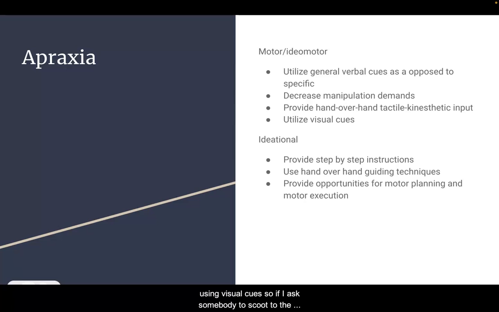So if I ask somebody to scoot to the edge of the bed, I might use that concise verbal cue, scoot, as well as bring my hands forward to help layer on the cues for understanding. Or your ideational apraxia, kind of similar approach, providing step-by-step instructions, again using hand-over-hand guiding techniques, and providing opportunities for motor planning and motor execution.